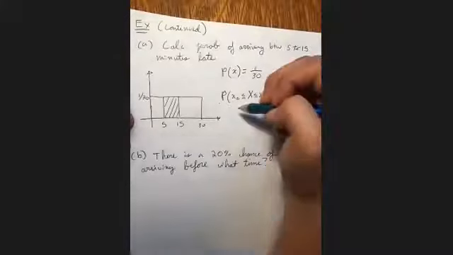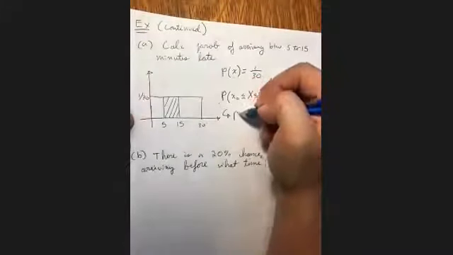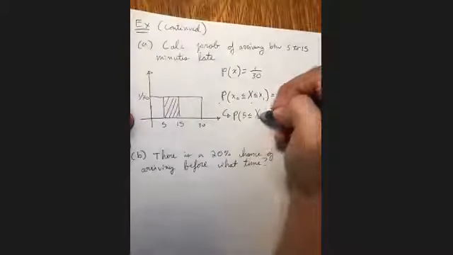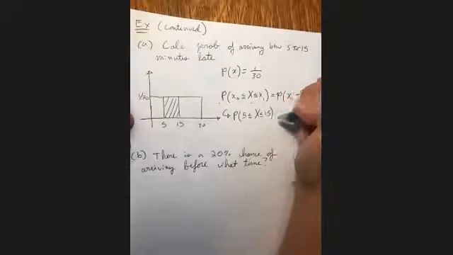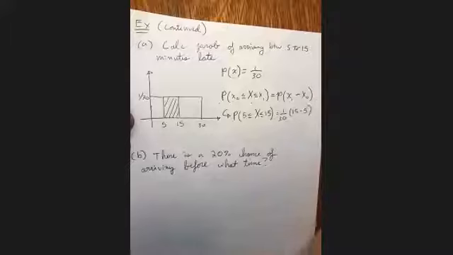Okay, so if we use that for our problem here, we're looking for the probability that big X is between 5 and 15. Our fixed probability is 1/30. So we put 15 and 5 in for X1 and X0 and calculate.